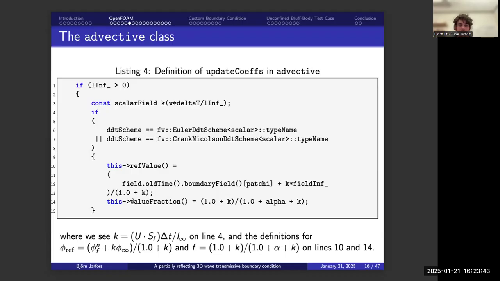And here we can see that the value fraction is updated as 1 plus k divided by 1 plus alpha k. So if we multiply the ref value with the value fraction, we can see that 1 plus k will disappear.